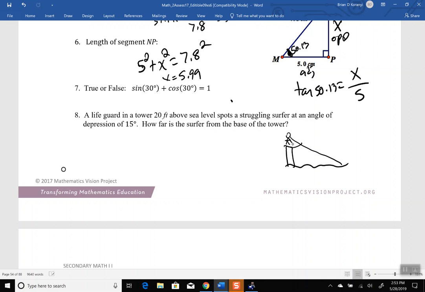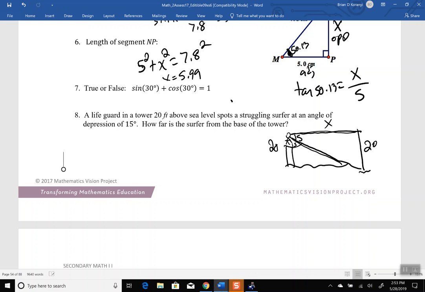Remember, the angle of depression is from a straight line and then the angle looking down. And since this is 20, I know this is 20. How far is the surfer from the base of the tower? So I'm looking for this distance right here.